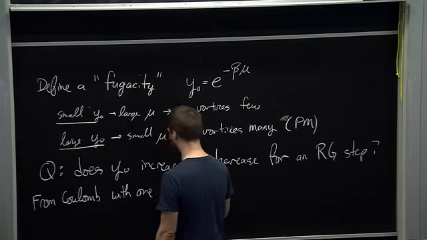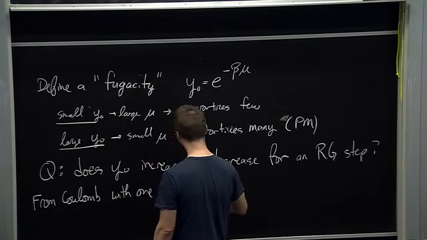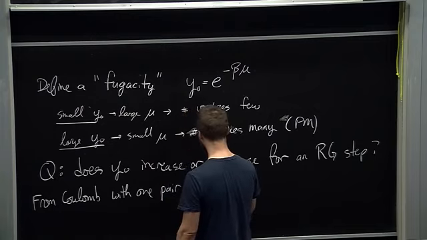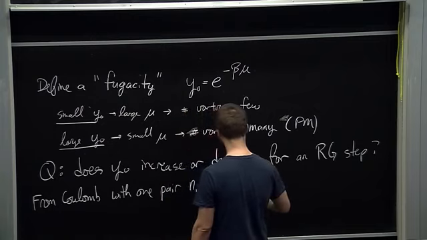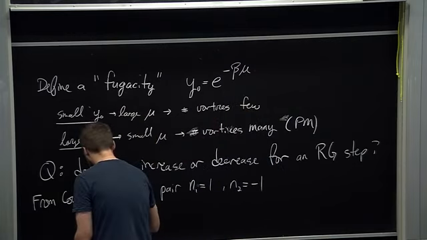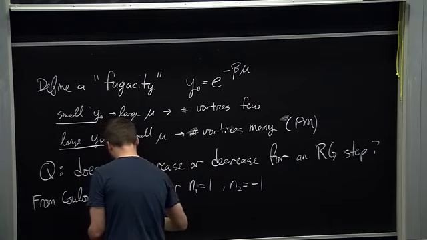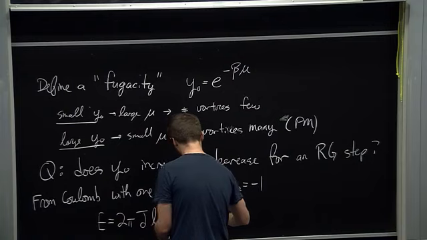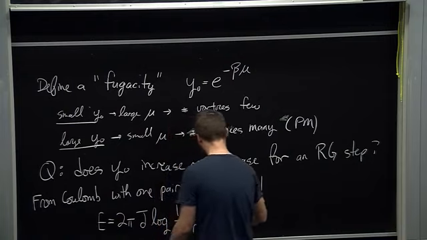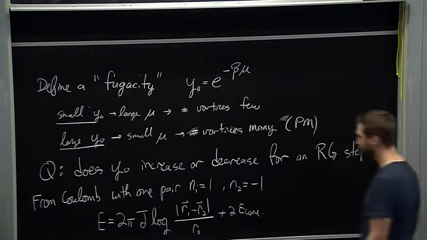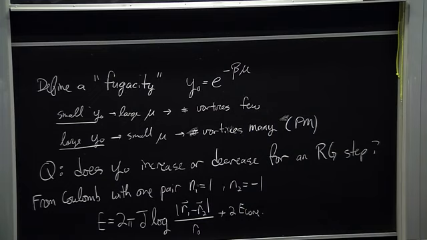Let me just restrict that sum to one pair, with n1 equals 1 and n2 equals minus 1. So my energy is logarithmic in their separation, plus 2 cores.